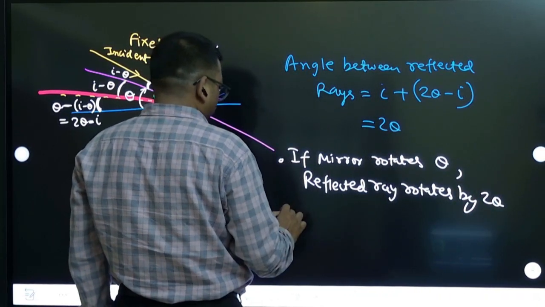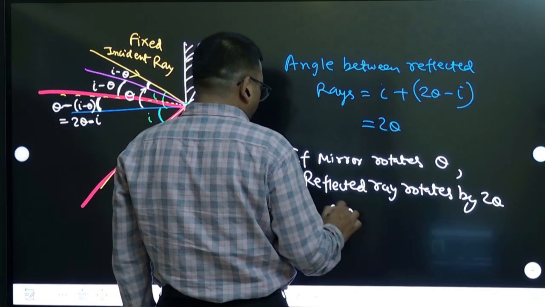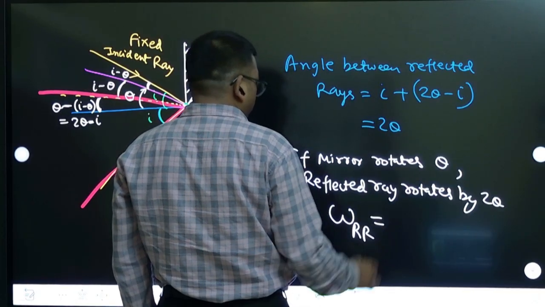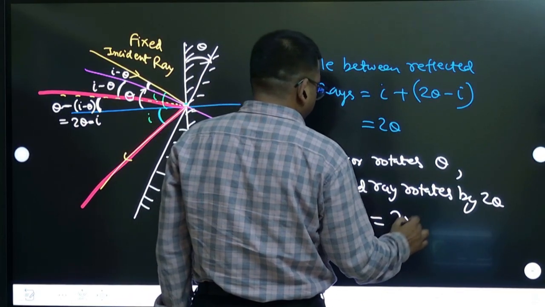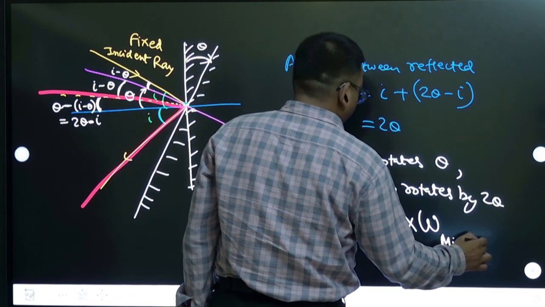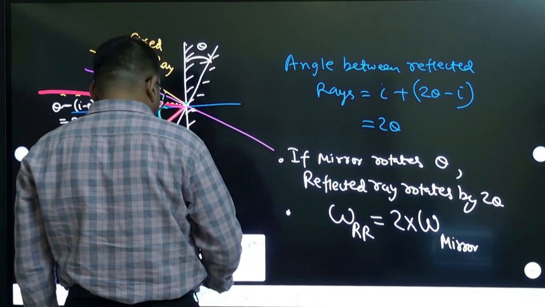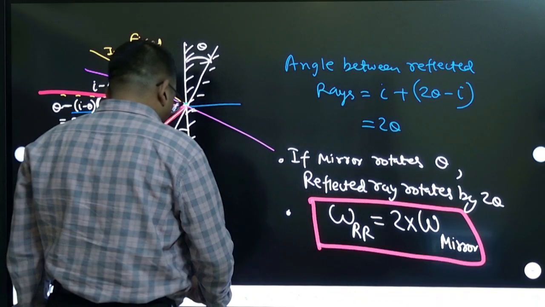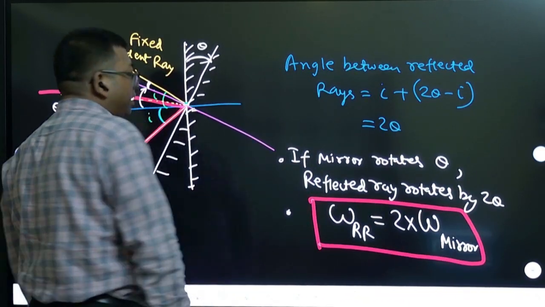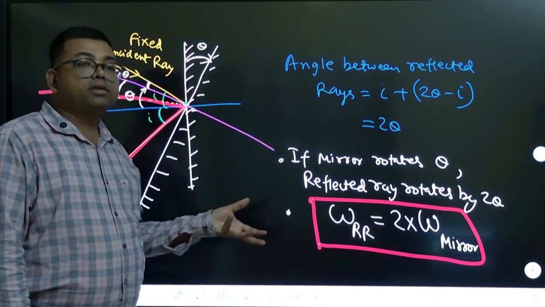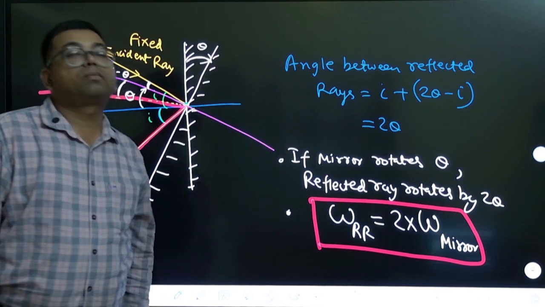That means the angular velocity of the reflected ray is 2 times the angular velocity of the mirror. This we should know. Angular velocity is nothing but how angles change with time. So if the angle becomes theta, the reflected ray makes 2 theta.